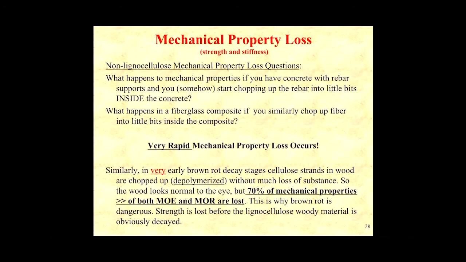70% of the mechanical properties, both MOE and MOR, are lost in very early stages of decay. This is what I mean by early stages of decay. I cheated a little bit here, giving you a hint.